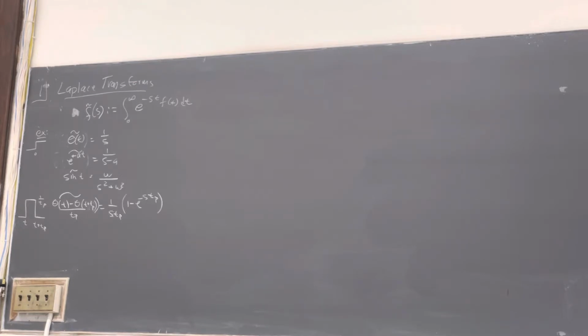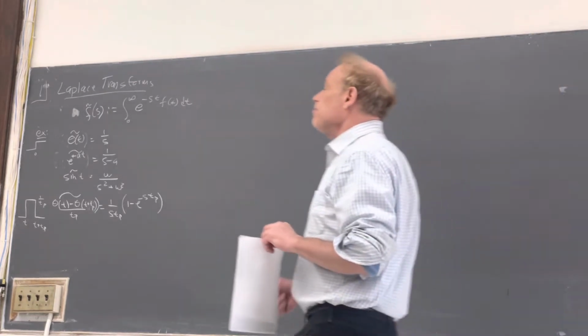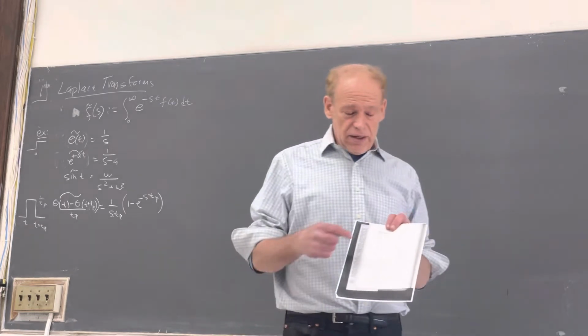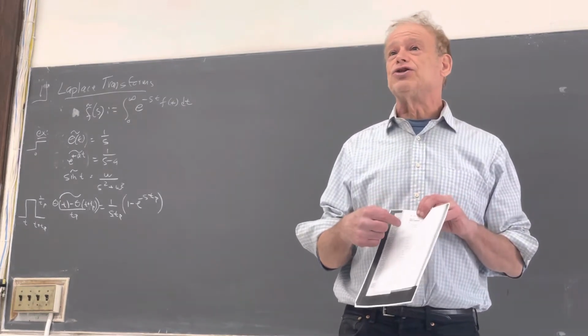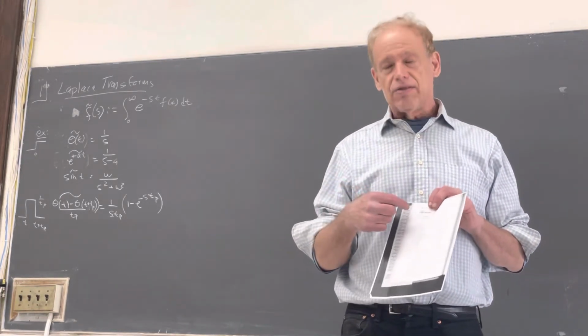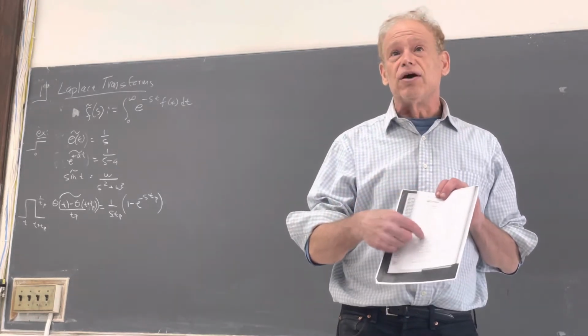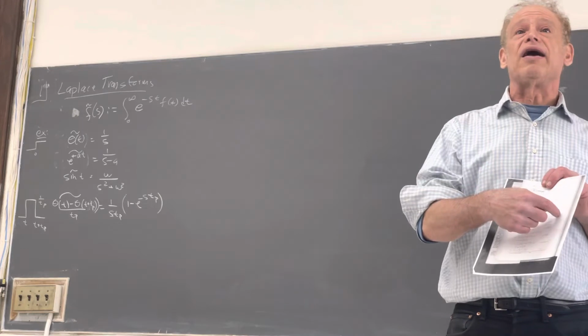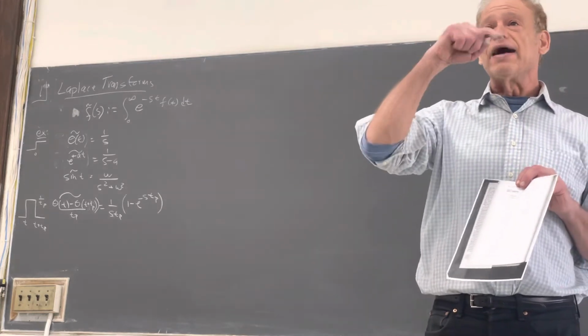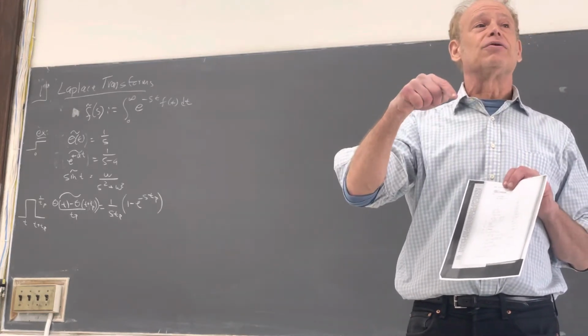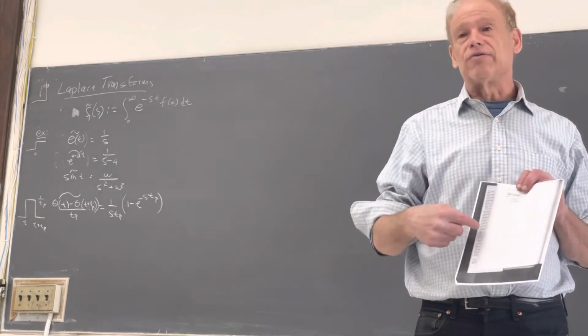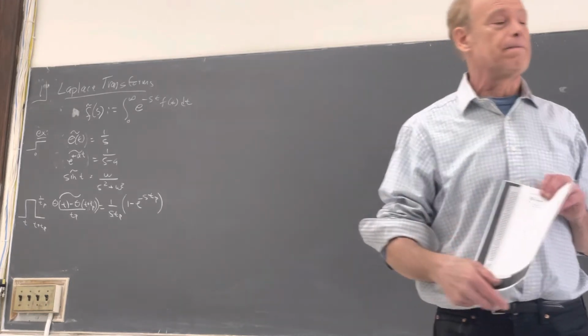And generally, here I'm deriving some of them, but in practice, you really use the table as much as you can instead of doing the integrals. That is, when you want to go from t to s, you look for the f of t on the left, and then write the f tilde of s. And then when you do the algebra and come up with an answer in terms of s, you look for it here and try to go backwards to get f of t.